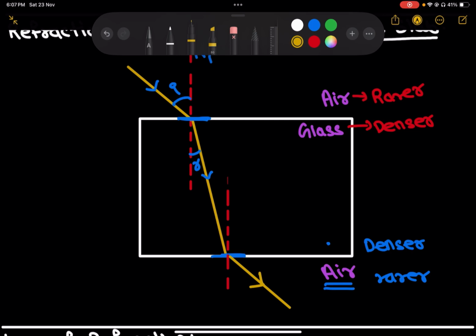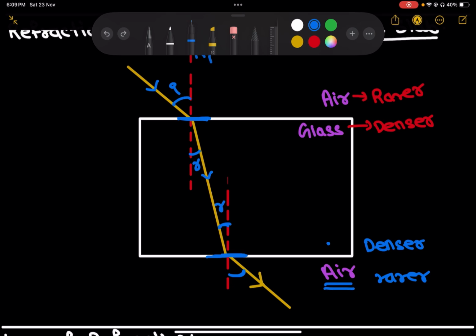Now, there are some things you have to understand again. At the second refraction, this angle will again be the angle of refraction because the two normals are parallel to each other and these become alternate angles, right? So r, r: angle of refraction, angle of refraction.